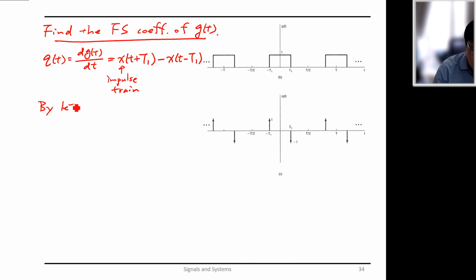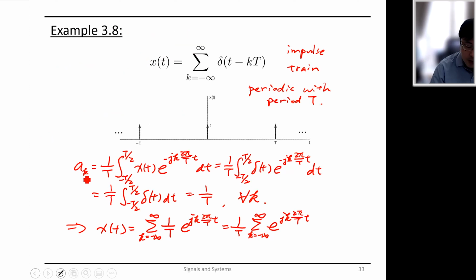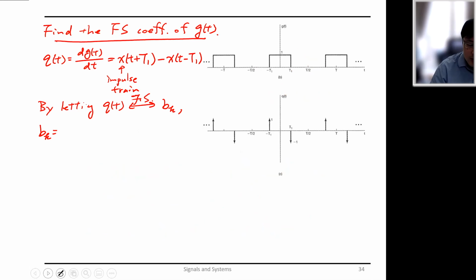Now, by letting the Fourier series coefficient of q of t be denoted by, let's say, bk, this means that bk should be equal to ak times a phase shift because of the time shift in the time domain signal.